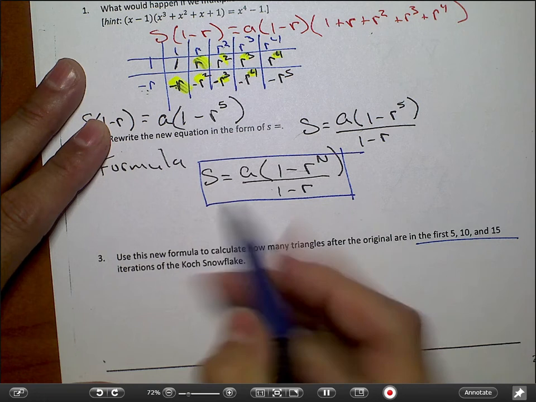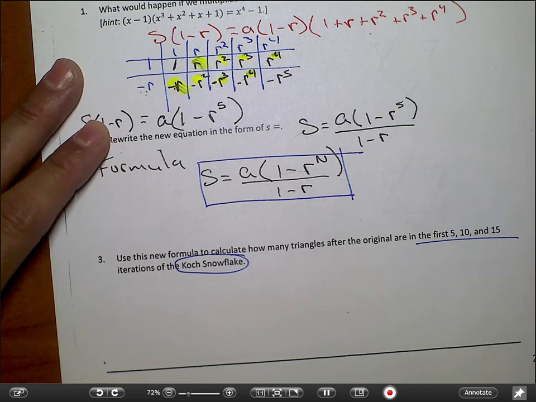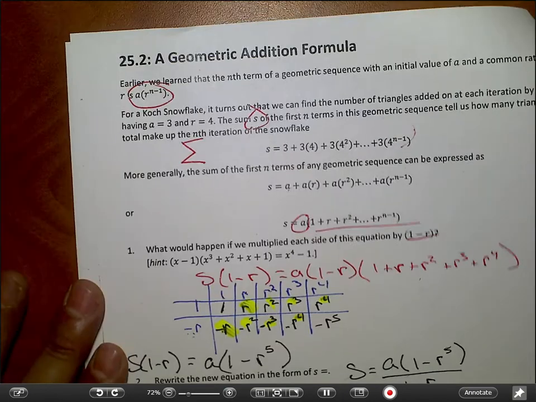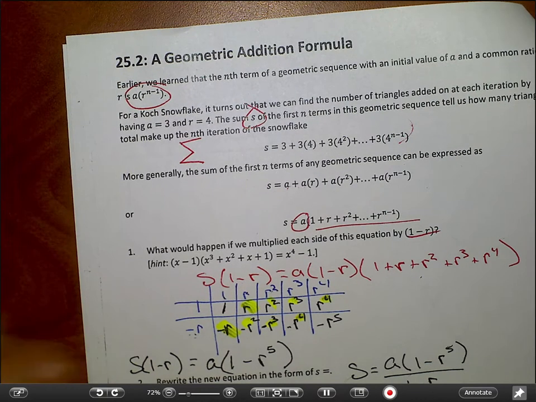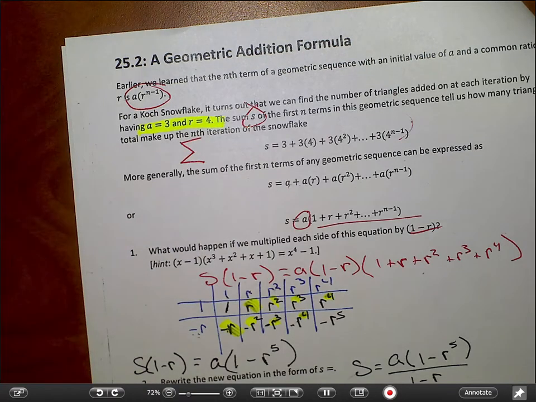Let's go back. So this is my Koch snowflake. What was the A value for the snowflake problem? 3. Look, it's even up here. So super important right there.